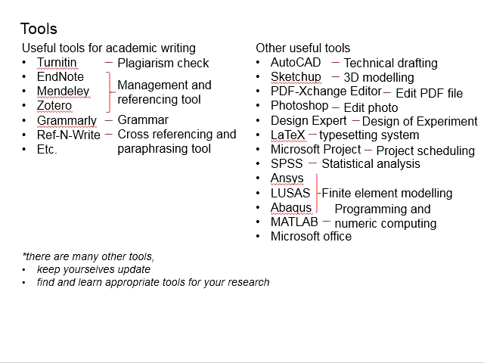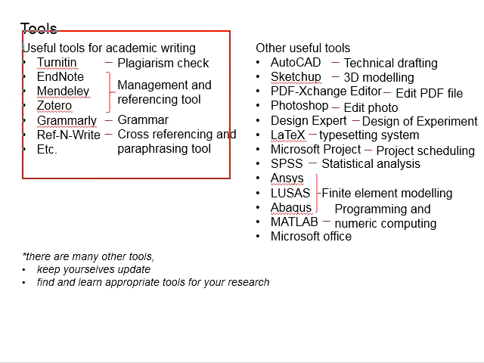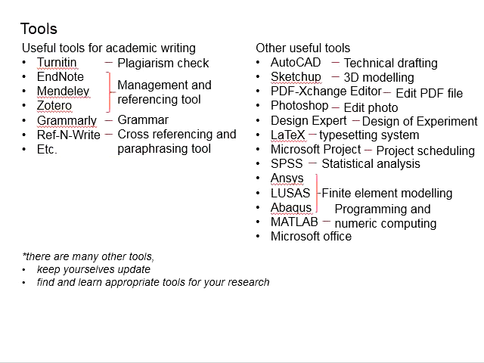have been covered. In this video, I would like to introduce some useful tools that can be used for academic writing, which I can think of that are related to engineering research. These are some common tools for academic writing, which include Eng-aim.